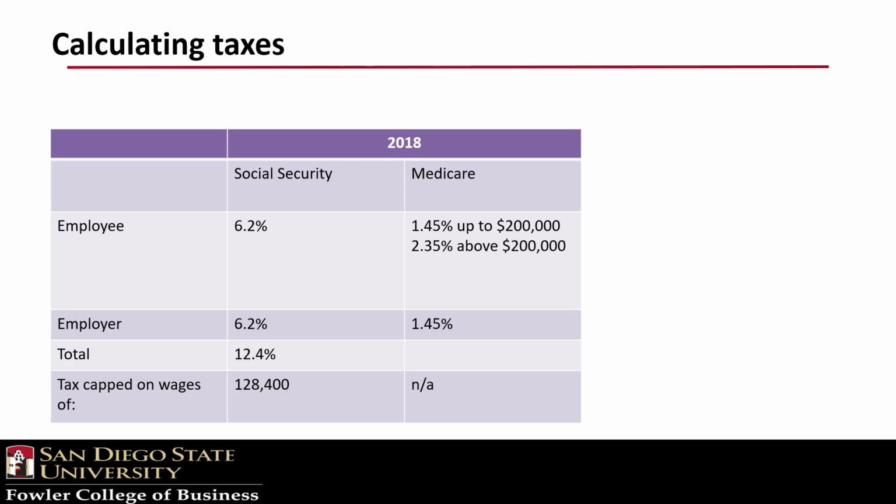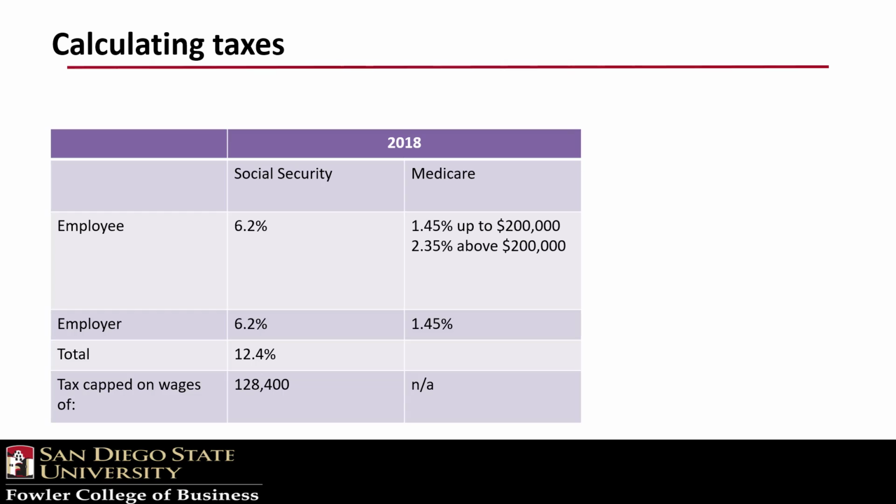Okay, so if we were to break this down into a table, here's what the employment tax table would look like. So Social Security tax, 6.2% for the employee, 6.2% for the employer, and that is taxed only up to the cap of what they call the FICA cap of $128,400 in 2018. Medicare is 1.45% for the employee up to $200,000.